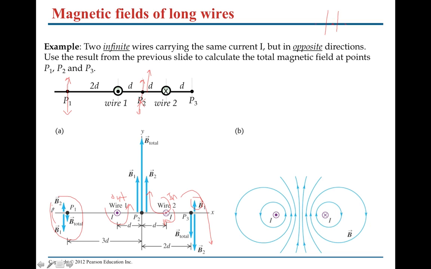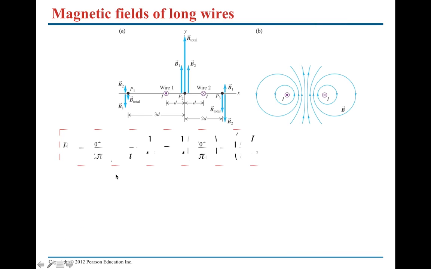That means at point P1 they subtract. For point P2 they add, and for point P3 they subtract again. Except here it's B2 minus B1, and here B1 plus B2, and here B1 minus B2, and I'm taking upwards as positive. Okay, so if we do that, we have the solution here.